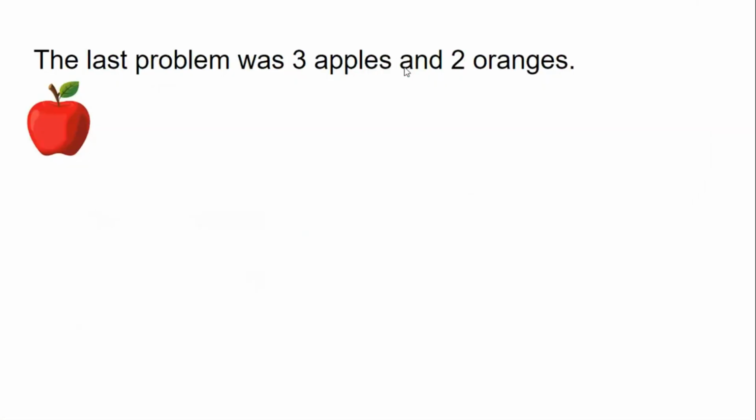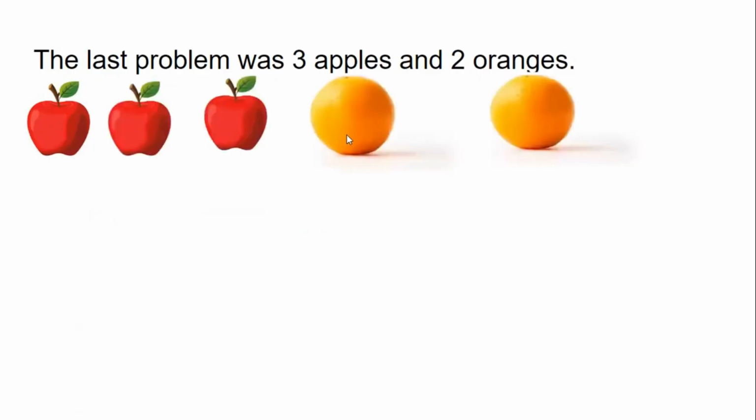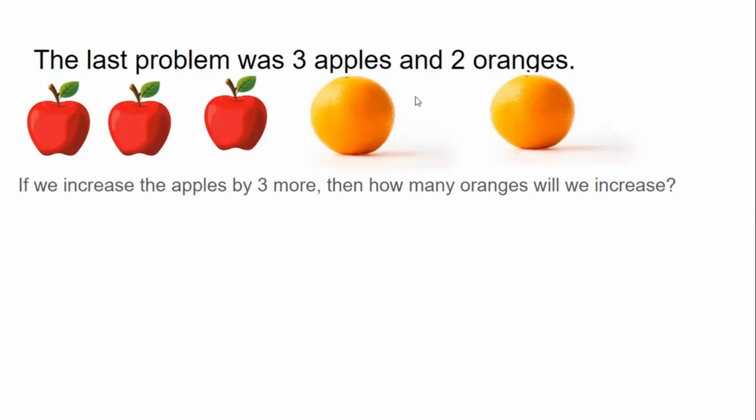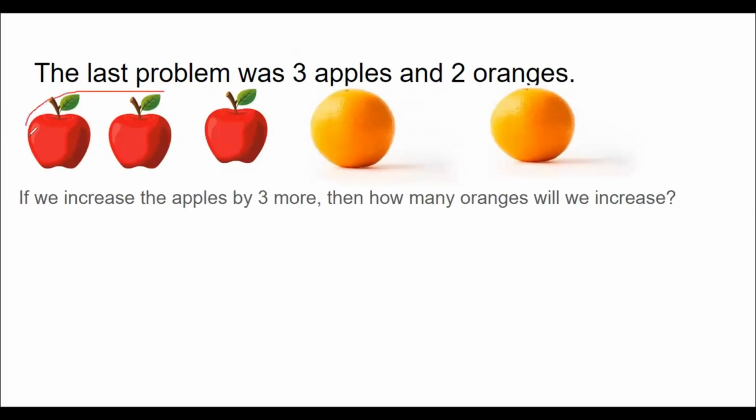All right, the last problem was 3 apples and 2 oranges, which I'm going to put up here. If we increase the apples by 3 more, then how many oranges will we increase? For this ratio, every 3 apples, you get 2 oranges. So if I add 3 more apples, I'm going to add 2 more oranges.